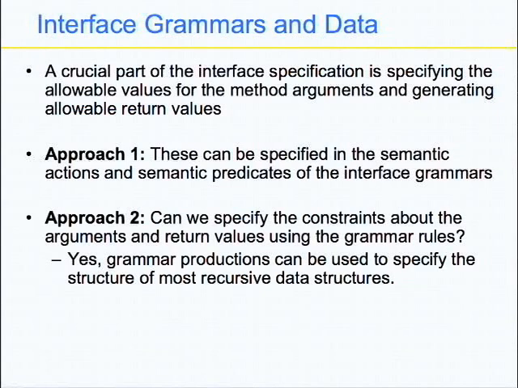Another way of doing it is, can you actually use these recursive rules to somehow check the structure of the data, or construct the data? And this can be done. We have a paper on that too, where we use grammar productions to both validate the structure of data and also construct data. This can be done with recursive data structures. Not all of them, but a lot of recursive data structures can be done that way.